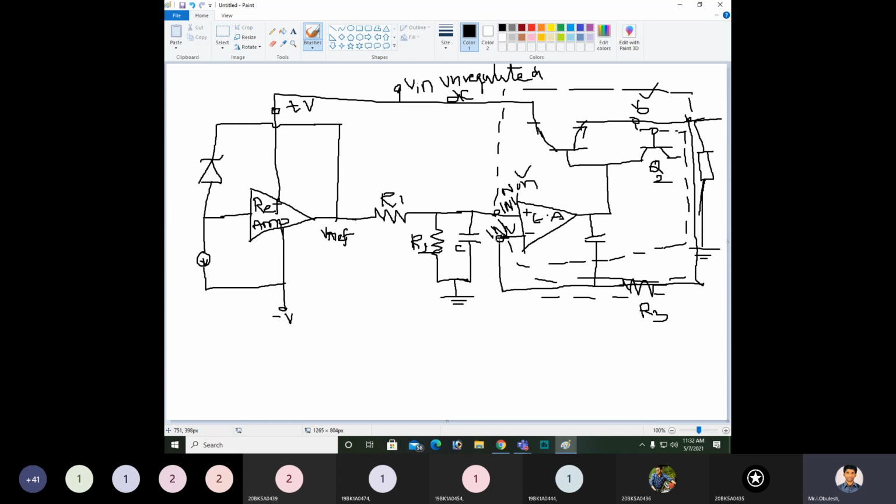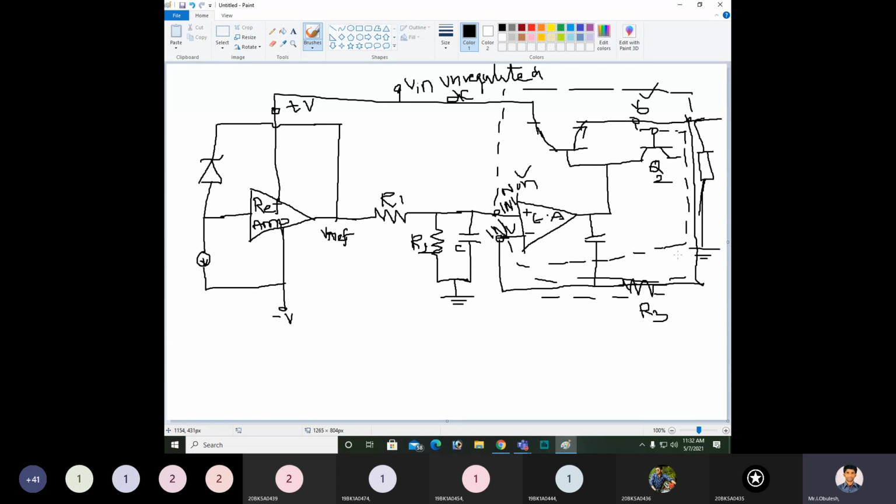decides the pass transistor Q1, so as to minimize the difference between the non-inverting input terminal and the inverting input terminal of the error amplifier.